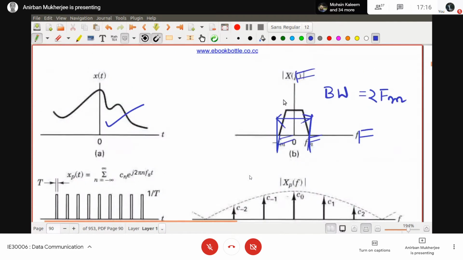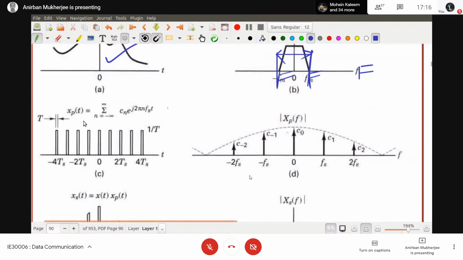Now I am multiplying, instead of Dirac delta pulses, with some x_p(t). The x_p(t) synthesis equation is c_n e to the power j 2 pi n f_s t. If I take the Fourier transform of this one, then what will happen? This is my f.